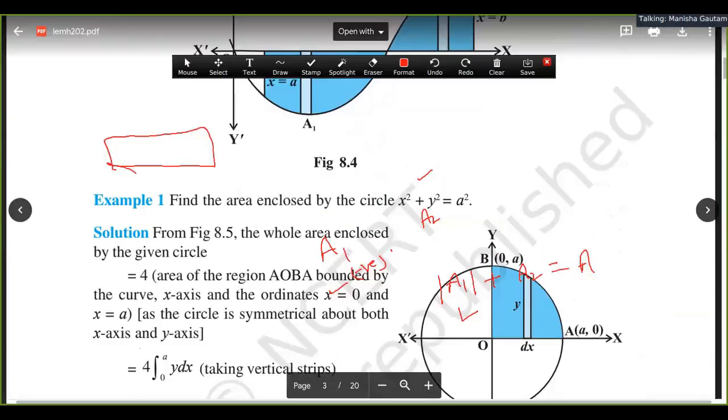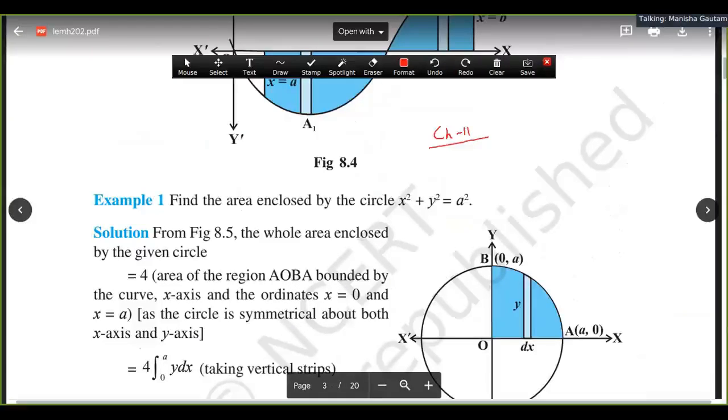Now here is example first. Before we go for the example, I just want to tell you, you have studied chapter 11 in class 11th, that is conic sections. In that chapter, we have studied different curves.